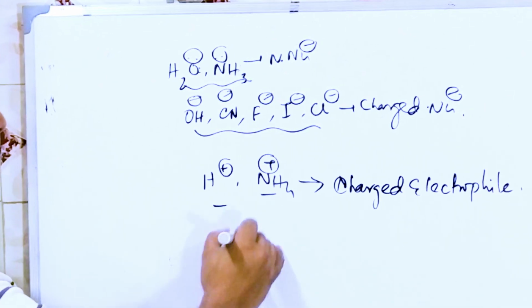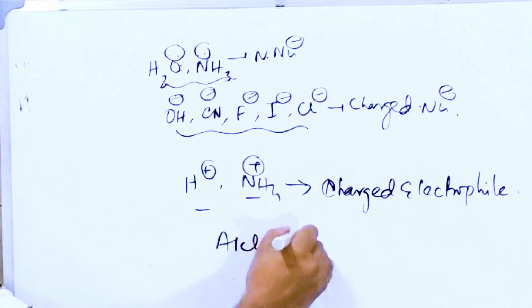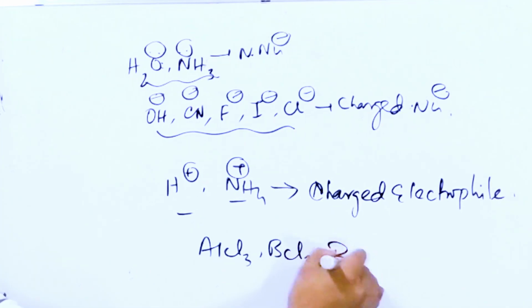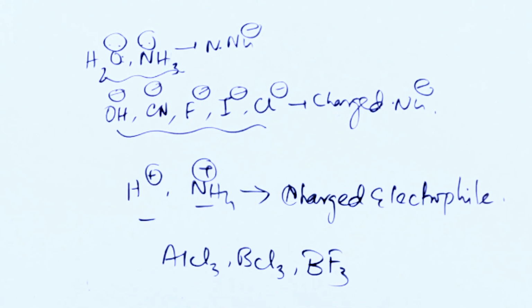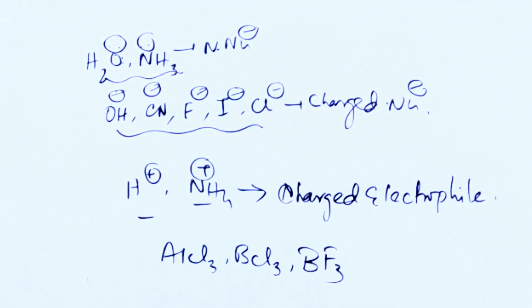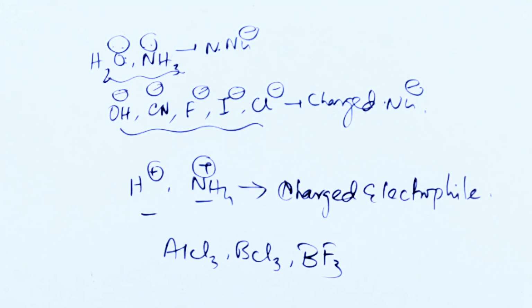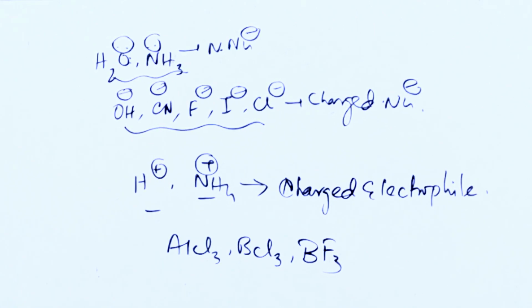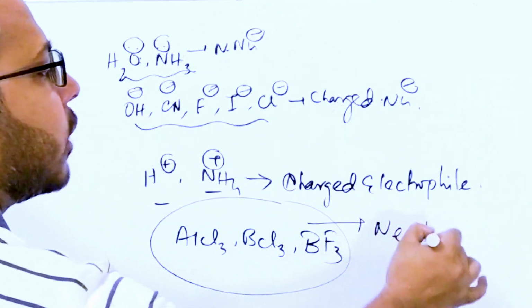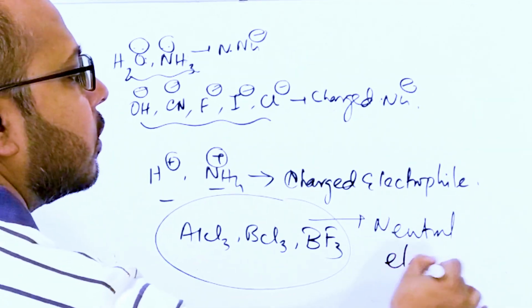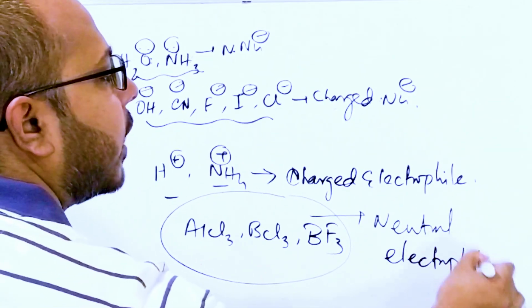Or you may have vacant orbitals, BCl3, BF3, AlCl3. They have vacant orbitals. Okay, so these are known as neutral electrophiles.